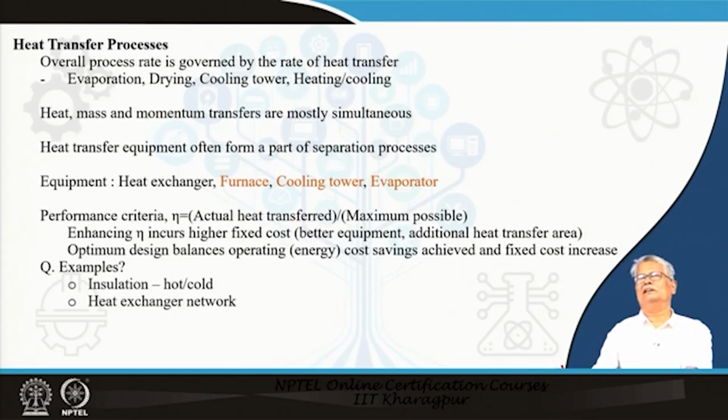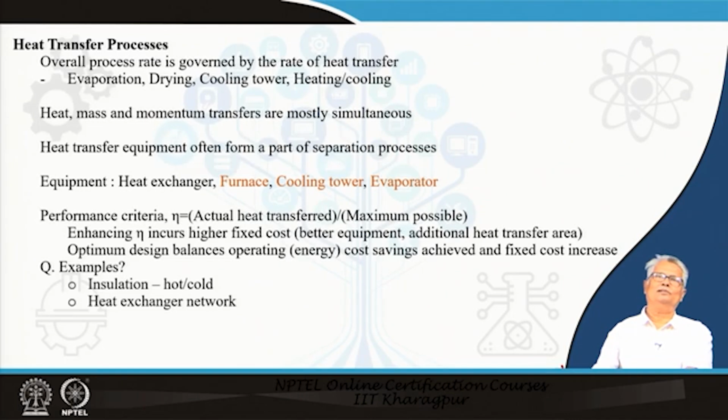So, naturally the condenser was there, which was a heat transfer equipment. It also had a reboiler at the bottom to generate the reboiled vapor and feed it back to the column. So, naturally in almost every distillation column, you will always find a reboiler and a condenser. So, at least two heat exchangers are there. There may be more also, depending on the configuration of the column.